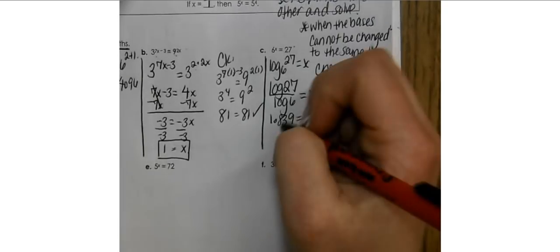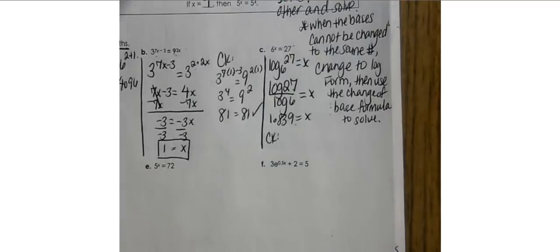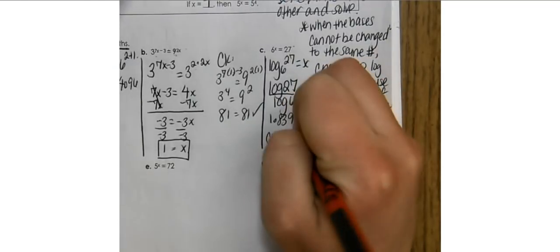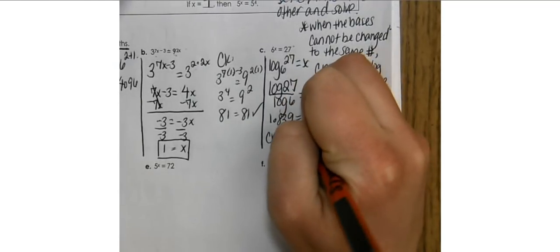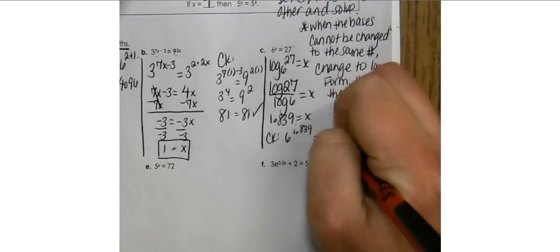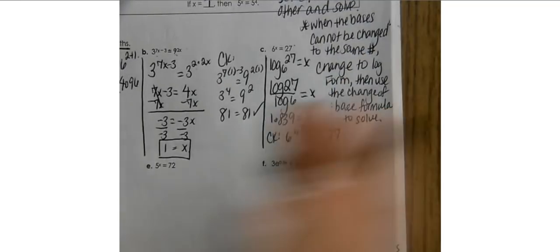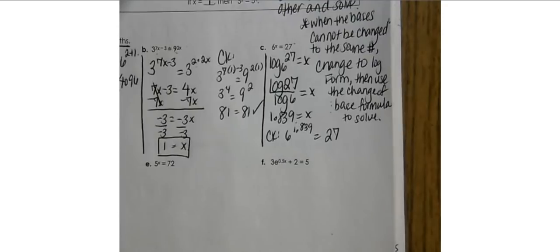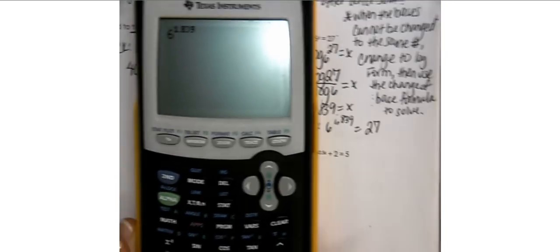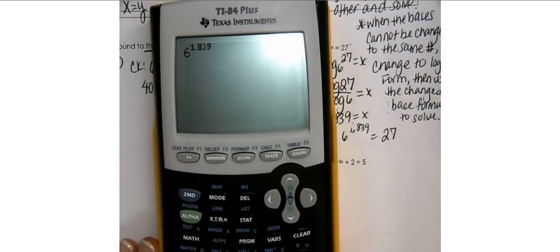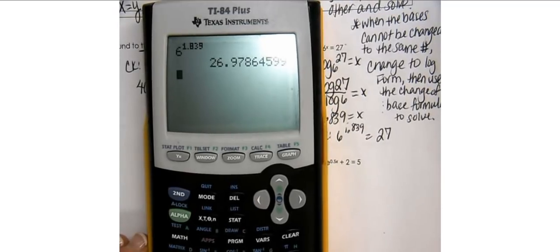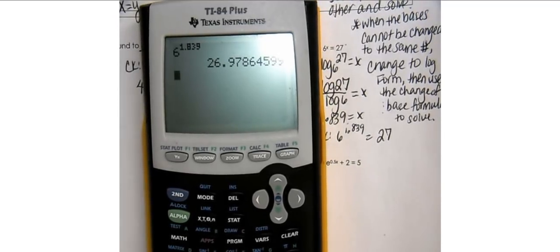So what I mean by that is this. When we check our answer, I'm going to put in 6 to the 1.839 power. Is that equal to 27? So when you put 6 raised to the 1.839 power into your calculator, you get a number 26.98 if we were to round it to the nearest hundredth.